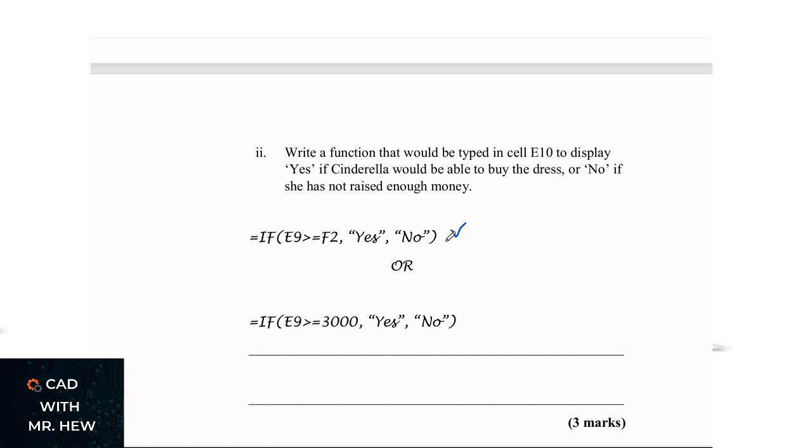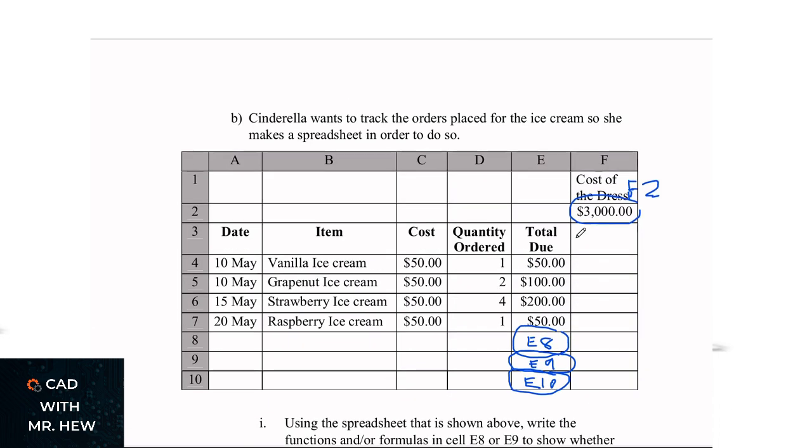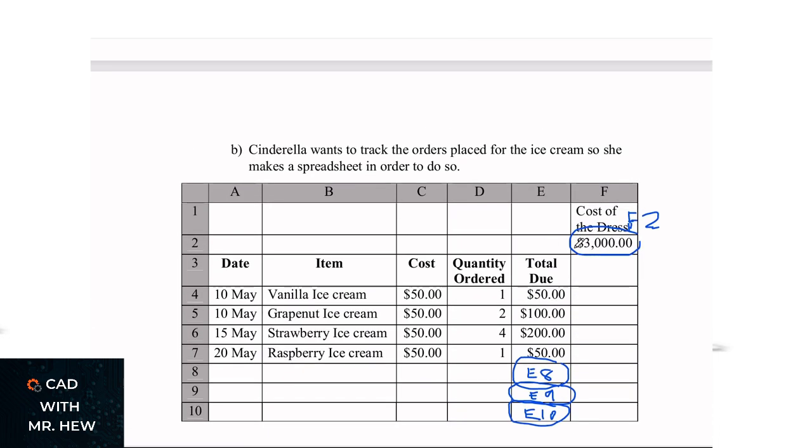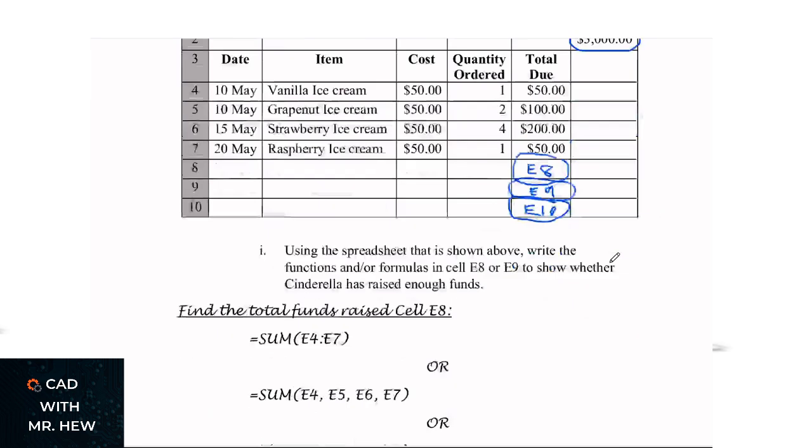This one is correct, but this one is a better answer because, as I said, if the cost of the dress changes in the future, then you would have to come down here and change this figure to probably say what, $4,000? If it is $4,000 in the future, while here it will be automatically updated if you change this $4,000 here. Okay.